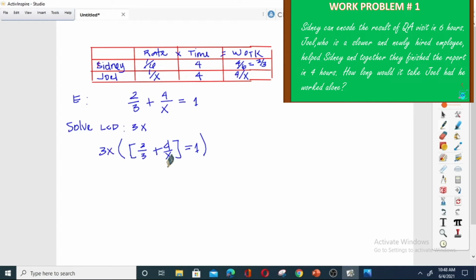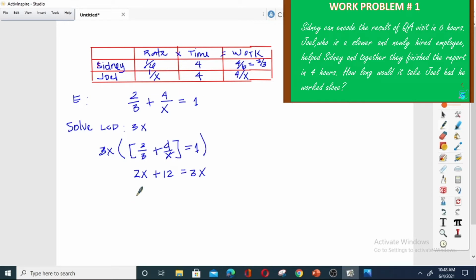The LCD is 3x. So 3x multiplied by 2/3, the 3 will cancel, so it becomes 2x, plus 3x times 4 over x, the x will cancel out, then 3 times 4 is 12, is equal to 1 times 3x, which is 3x.